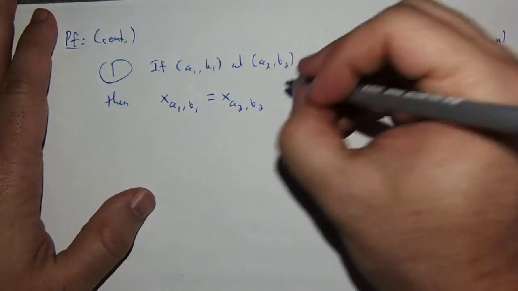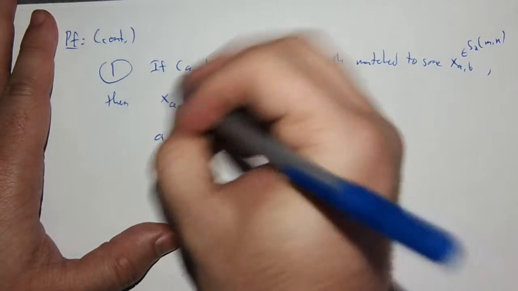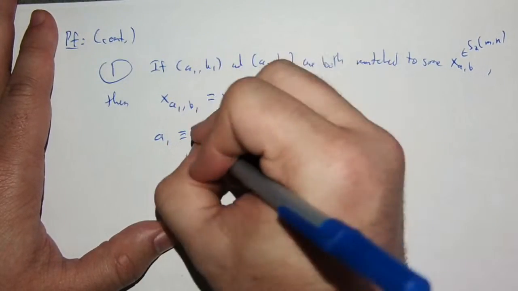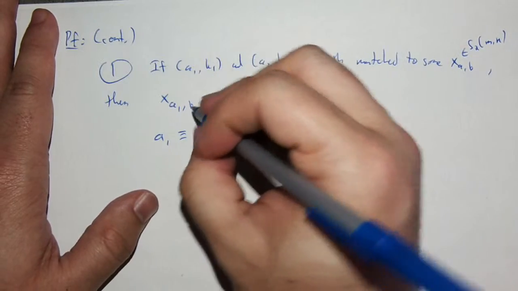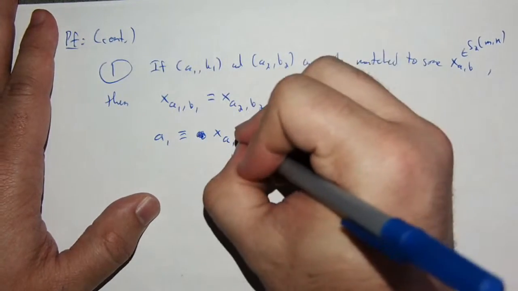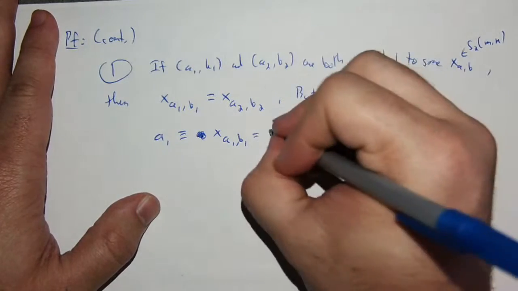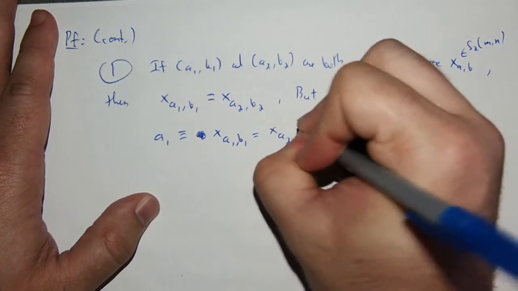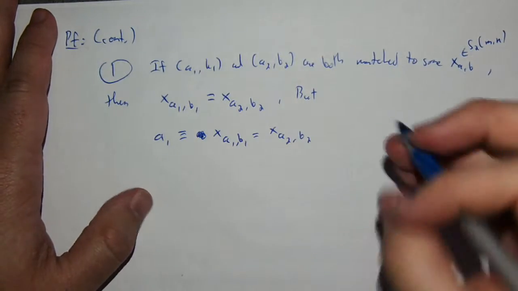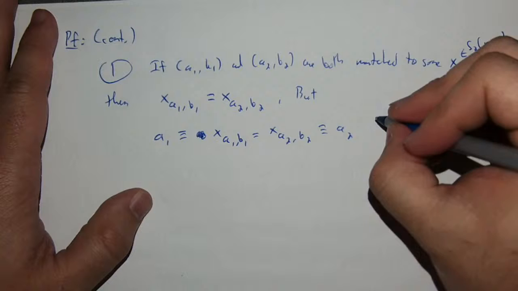But a sub 1 is congruent to x sub a1 b1, but then that's equal to x sub a2 b2, and that's congruent to a sub 2 mod m.